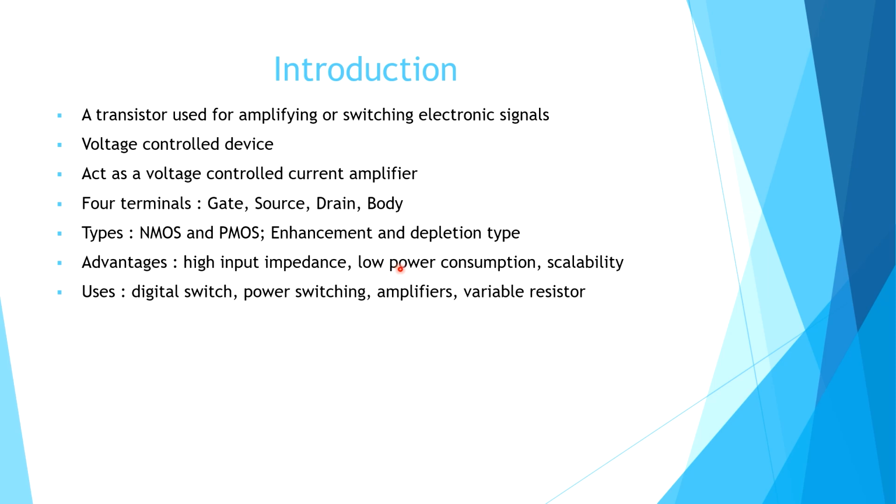Mainly in smartphones and smartwatches, we need low power consumption circuits, and they are made up of MOSFETs. MOSFET helps in making low power devices, low power circuits, low power systems. The next advantage is scalability, where many MOSFETs can be confined in one chip.